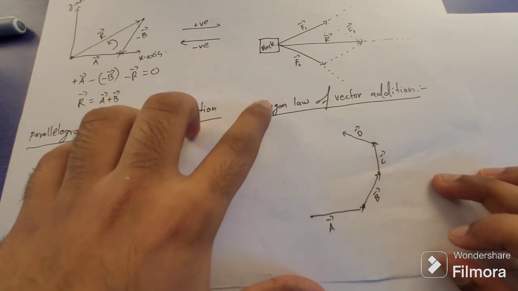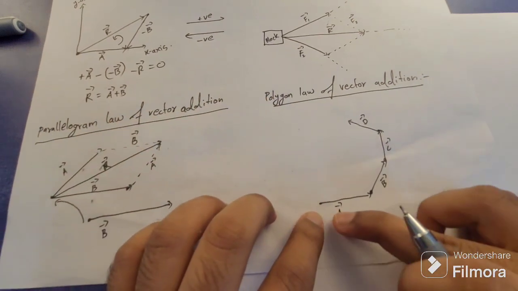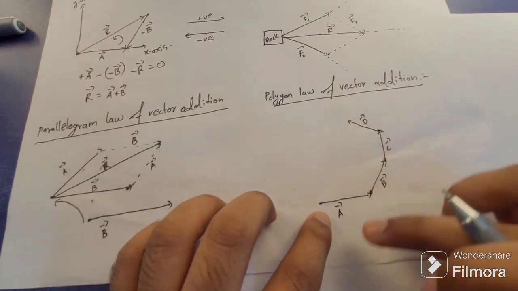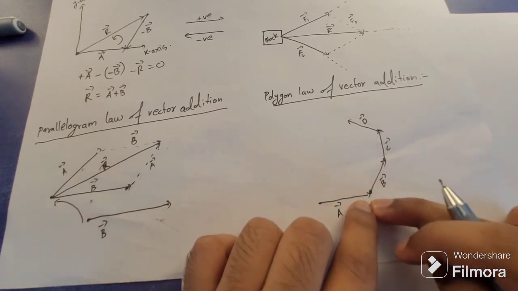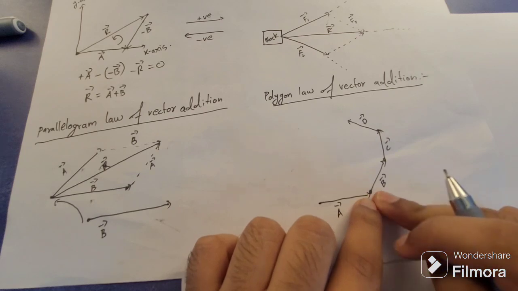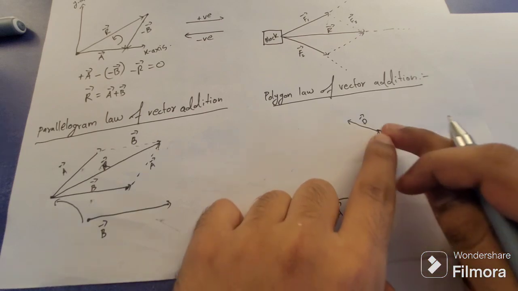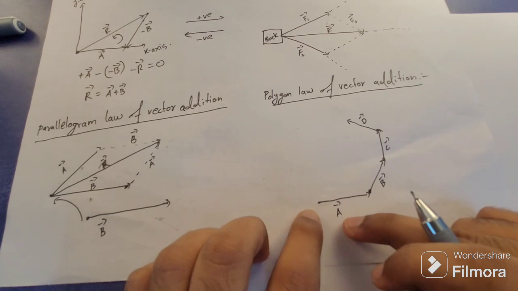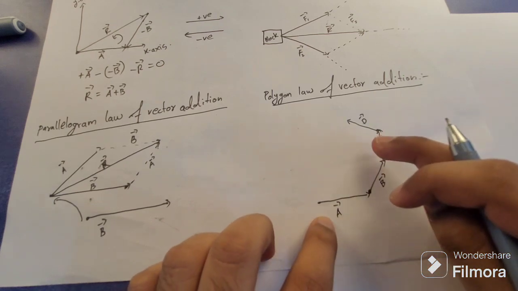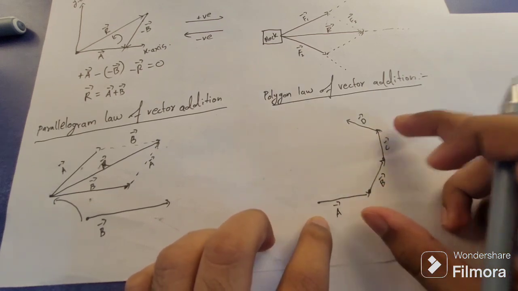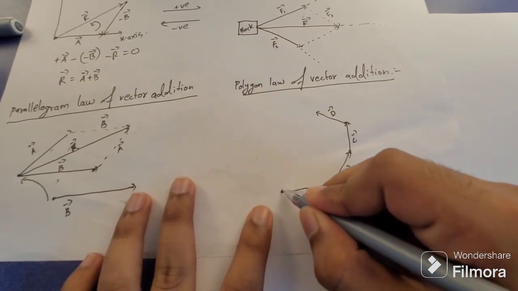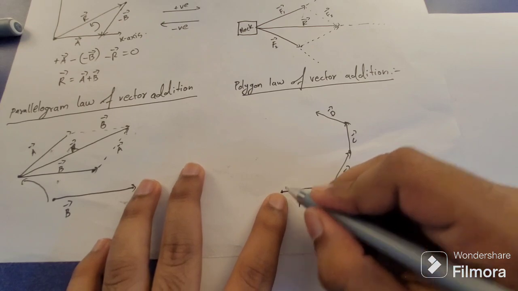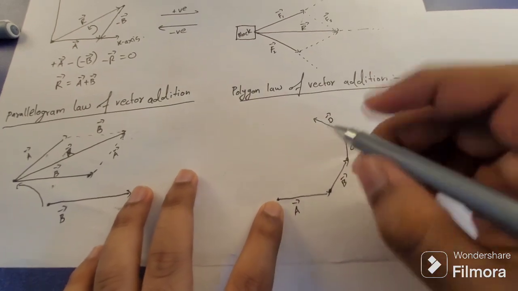And the polygon law of vector addition says whenever we have a series of vectors, that is many vectors, arranged in such a fashion that the head of a vector is coinciding with the tail of the next vector, head to tail, and so on, and no matter how many vectors there are, the resultant of all these vectors is given by a single vector going from the tail or the beginning point of the first vector to the tip or the head of the last vector.